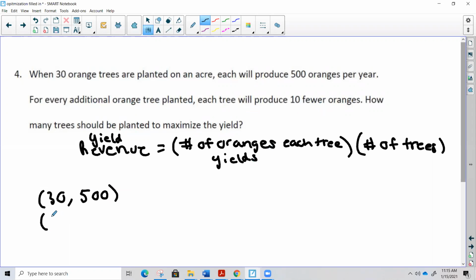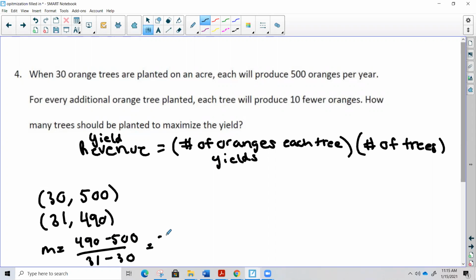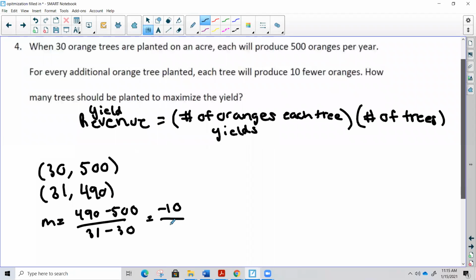For each additional tree, if I plant one more tree, which means I'd have 31 trees, each tree will produce 10 fewer oranges. So 500 minus 10 is 490. I'm going to use this to find my slope. So I would do 490 minus 500 over 31 minus 30, which again means my oranges are going down by 10 and my trees are going up by 1.